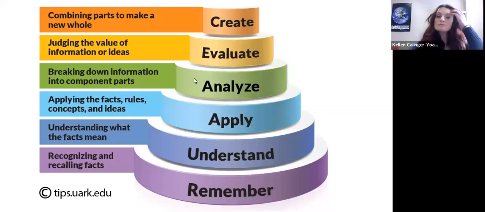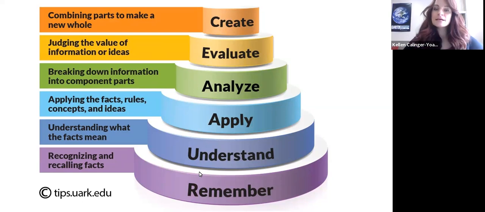So when we think about Bloom's taxonomy and the way that these different levels of cognitive demand relate to one another, it's really like building a house on a strong foundation. The only way you can get to a higher level of cognitive demand, like evaluation or creation, is by making sure that you have a firm foundation of those lowest cognitive levels of remembering and understanding.